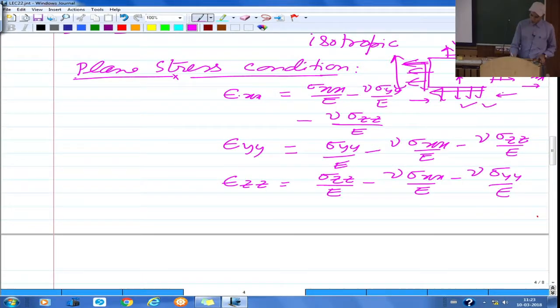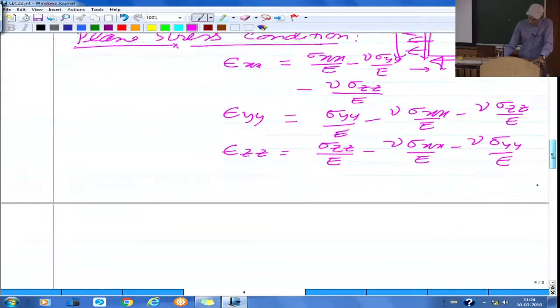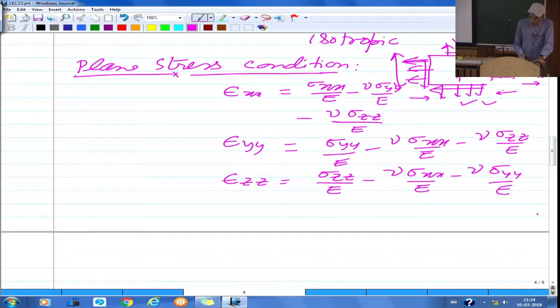What we have here is strain in terms of stresses, finally we want stresses in terms of strains. So now for the plane stress case, when you look at the plane stress condition, sigma zz is 0. Plane stress means sigma zz is equal to 0.